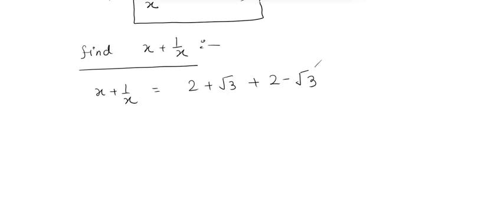So here plus minus cancel out. So we will get x plus 1 by x is equal to 4.